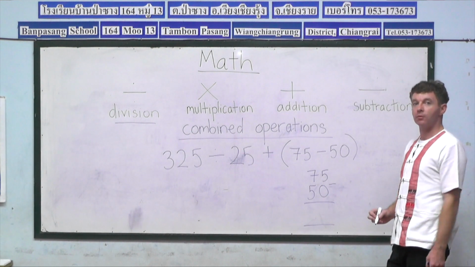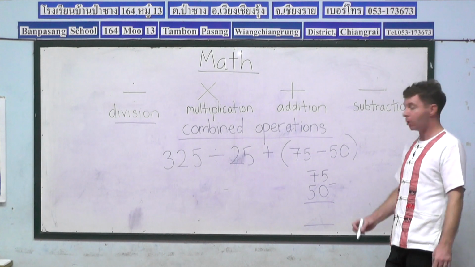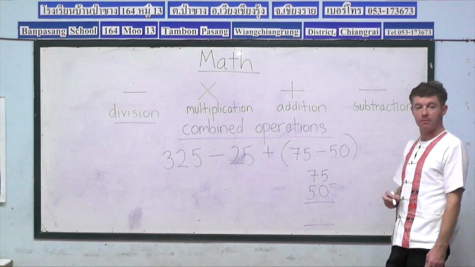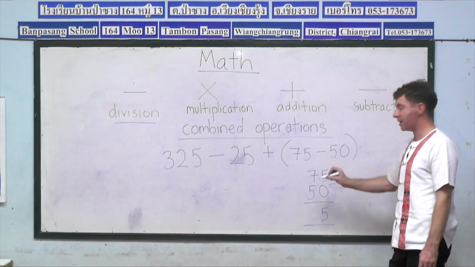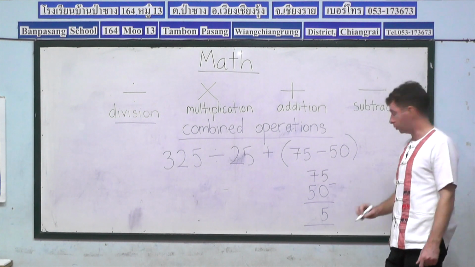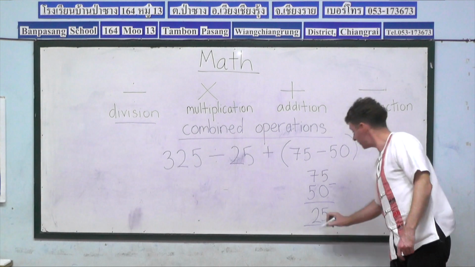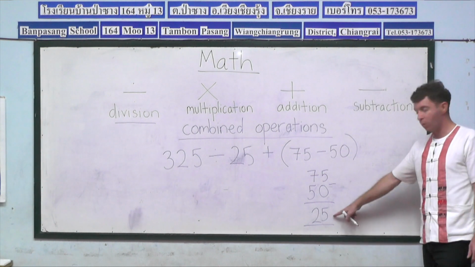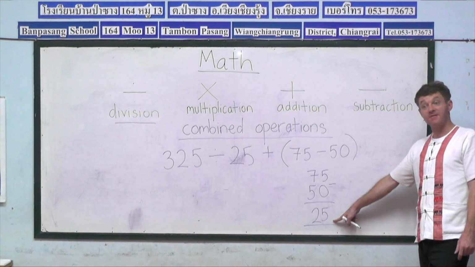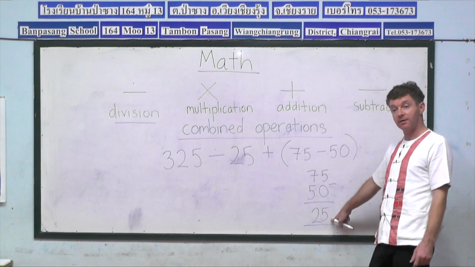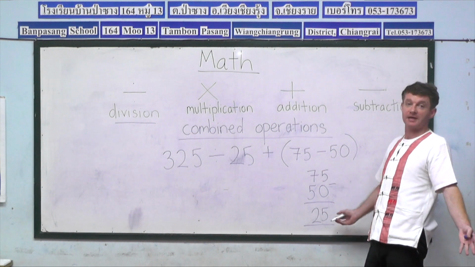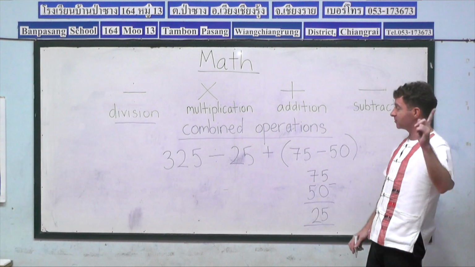We just do the subtraction calculation like we always do. 5 minus 0 equals 5. 7 minus 5 equals 2. Therefore, we have our answer for step 1: 75 minus 50 equals 25. That's stage 1 of the combined operation done.